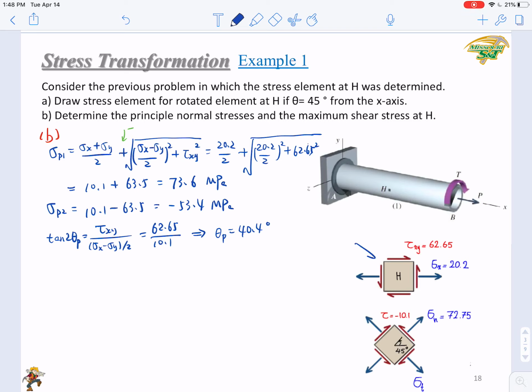Meaning that if you start from the original stress element and rotate it by theta p equals 40.4 degrees, you will find sigma p1, the maximum possible normal stress at this point, that is 73.6.